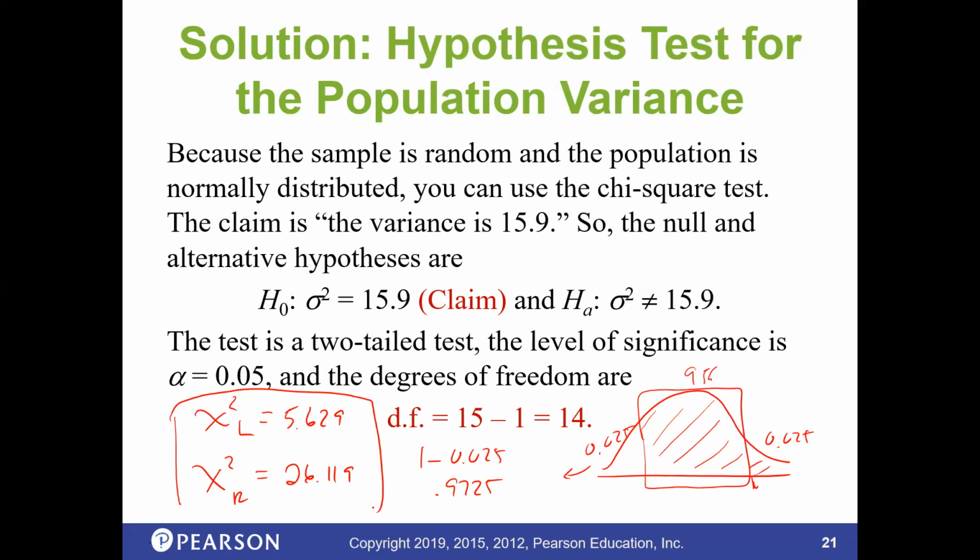So then can you calculate the chi-squared value that we got? All right, something about 19-ish.